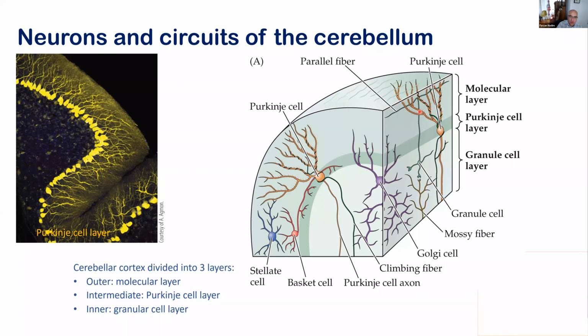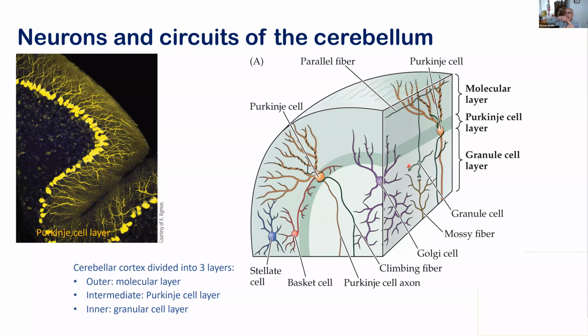Okay, so the molecular layer is where the synapses onto the Purkinje cells are happening. That's where the dendrites of the Purkinje cells are. In addition to these cell types, there is a group of interneurons, the most famous of which is the Golgi cell, which gets its inputs from the granule cells and inhibits the granule cells in turn.